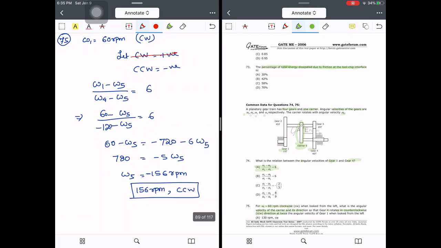Okay, that means gear 1 is rotating at 60 clockwise, and gear 4 will be rotating at 120 counterclockwise.